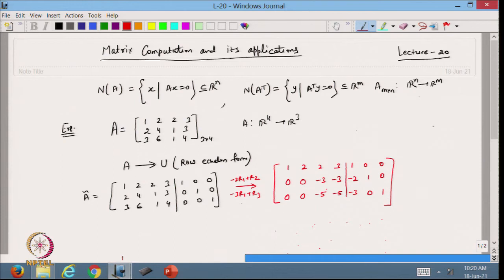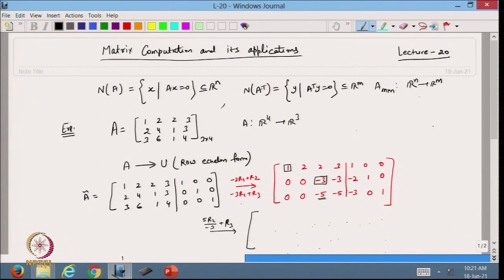Now I want to eliminate this element. This is my pivot element, and this is also my pivot. So I will apply the next step: I will divide R2 by minus 3, multiply by 5 and add to R3.